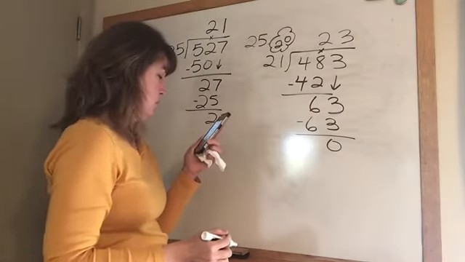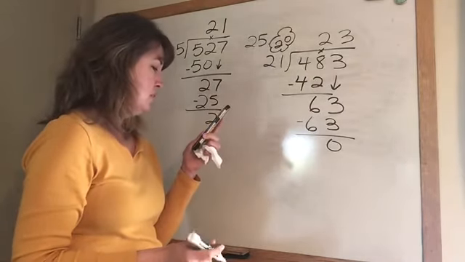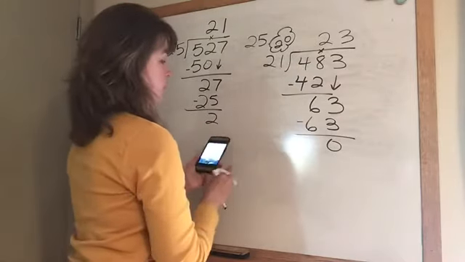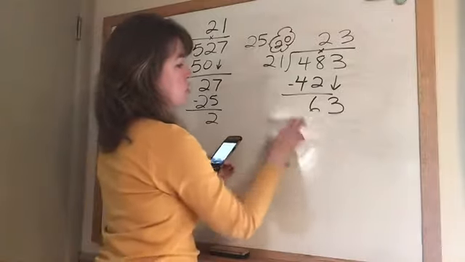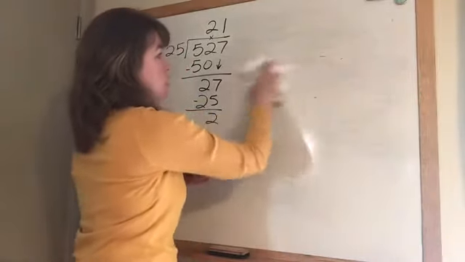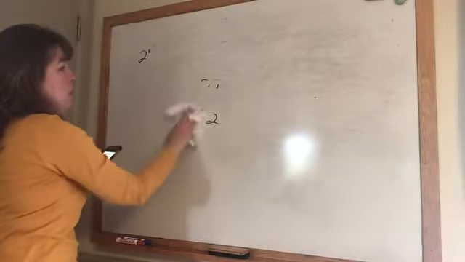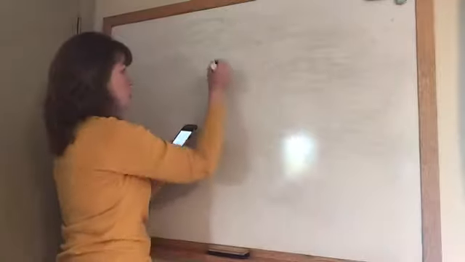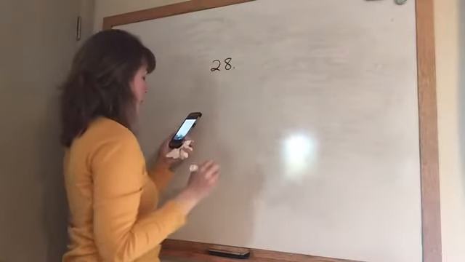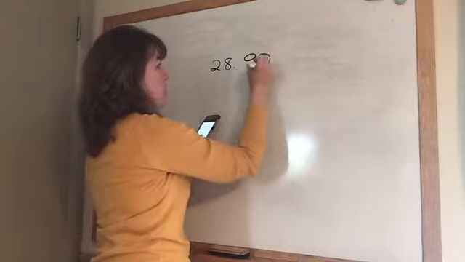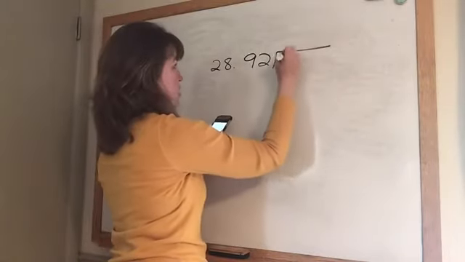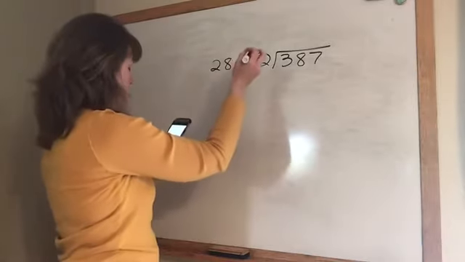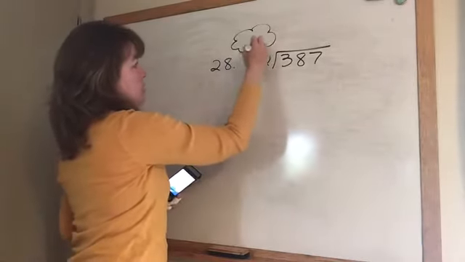All right, tell you what, let's do number 28. Okay, you're going to have to check your division. So for number 28, we've got 92 divided into 387. Now let's go ahead and round down to 90.